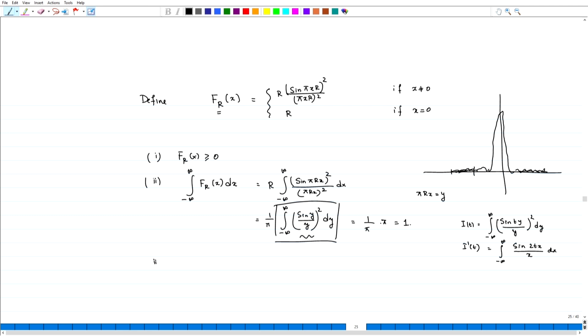Now, the third property we need to see is that if I am going away from 0, then if I take my r to be large enough, the integral of F_r of x should vanish.